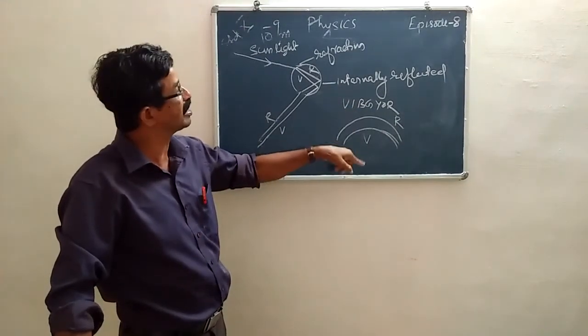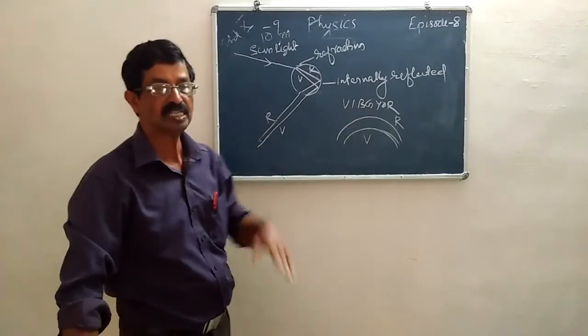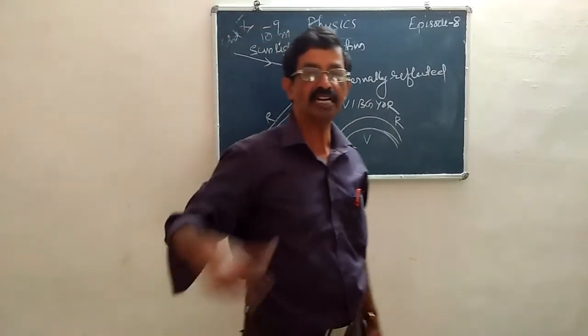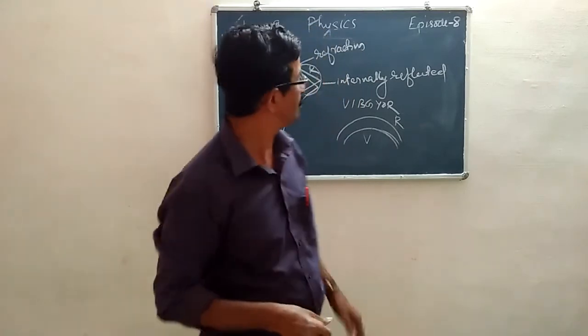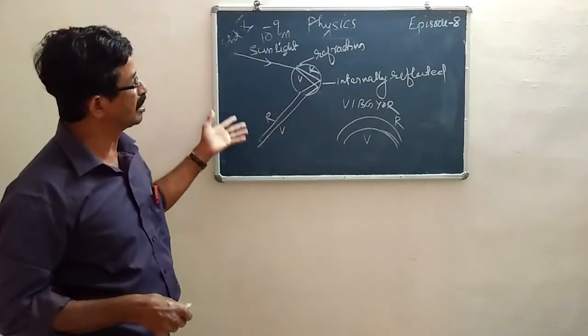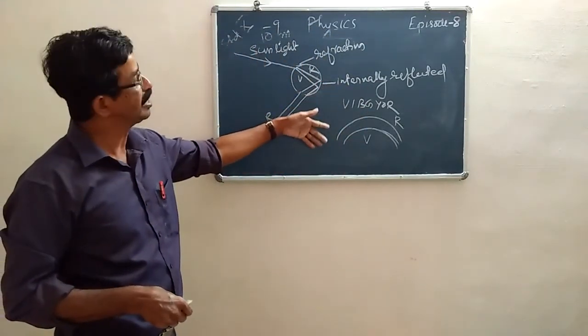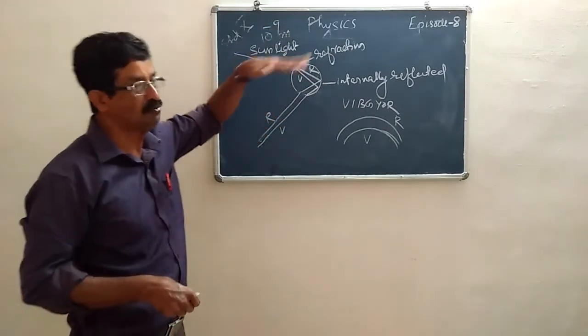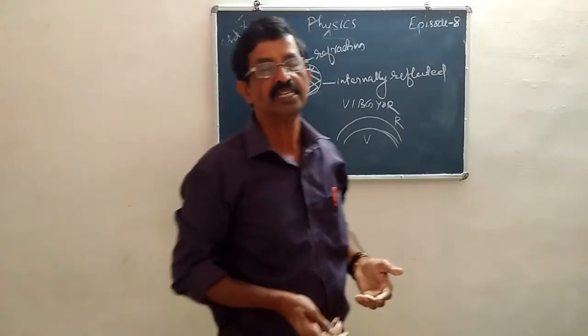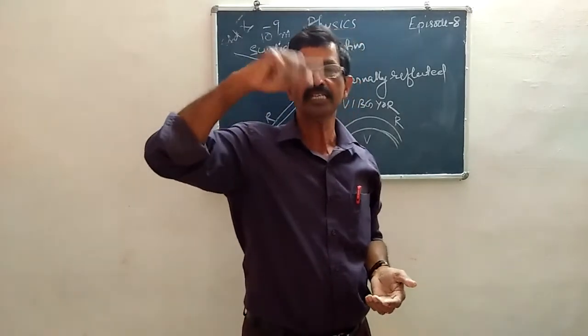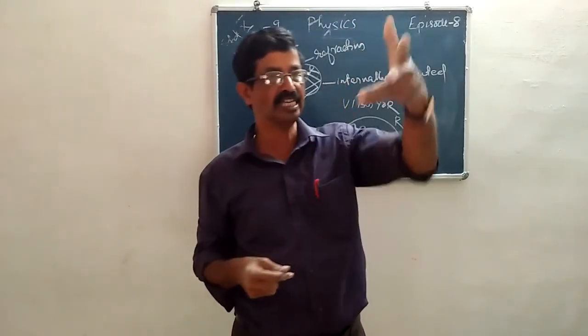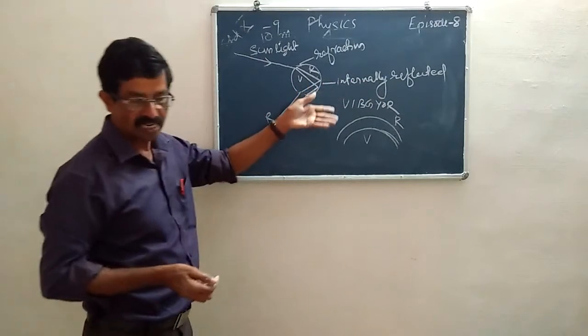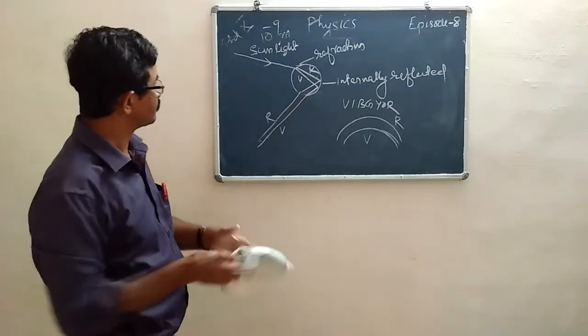Why do the colors come this way? Each color makes a different angle with our eye line, so we get different colors separated. And if we observe the rainbow from an aeroplane, we can see it in a circular shape, so we can see the upper and lower sides of the rainbow.